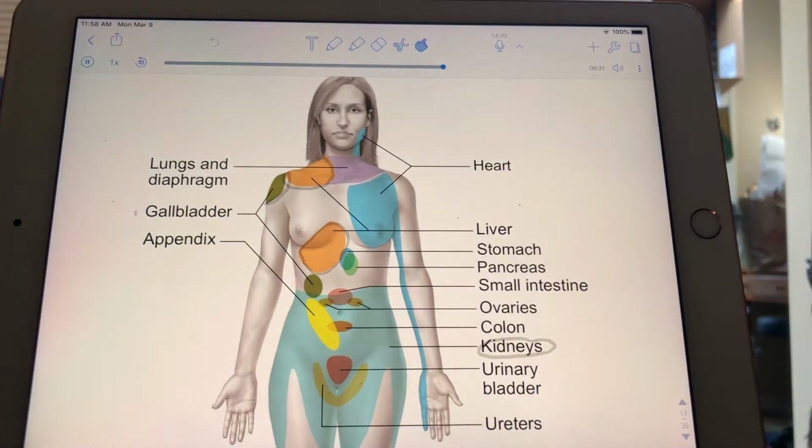Now, this next slide, slide 13, is kind of just showing us a likely map of referred pain. So how to interpret this? For instance, let's say that our pain receptors in and surrounding the liver are being stimulated, okay? There's some pain-causing stimulus that's causing pain in our liver.